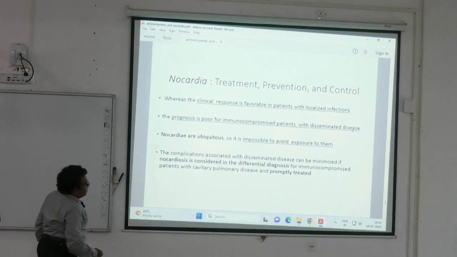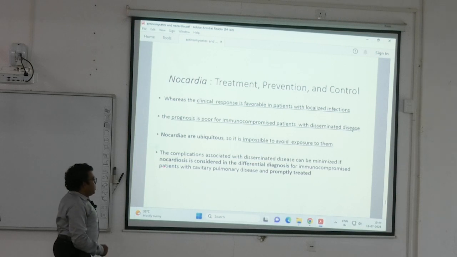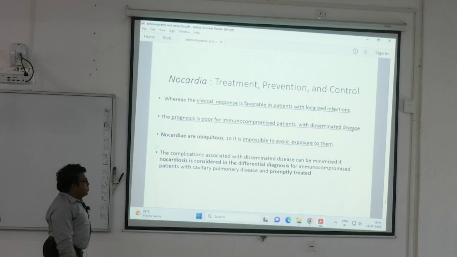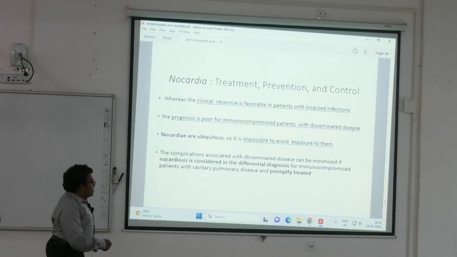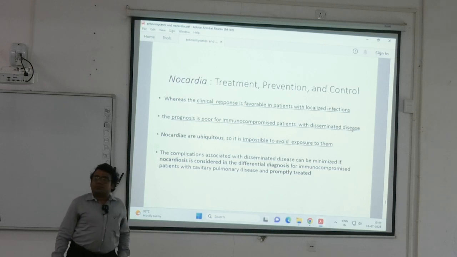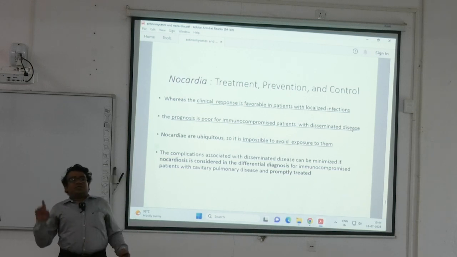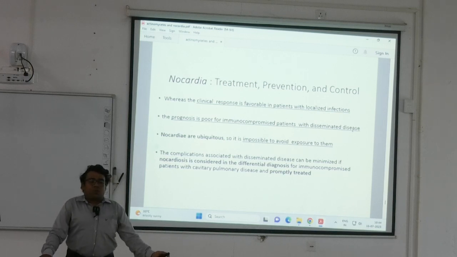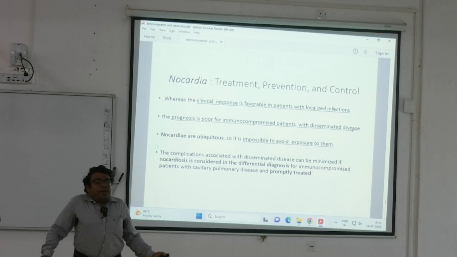The complications associated with disseminated disease can be minimized if nocardiosis is considered in the differential diagnosis in an immune compromised patient with cavitary pulmonary disease and promptly treated. Understood? So, if the patient has pulmonary disease with cavitation and is immune compromised, always keep nocardiosis in your differential diagnosis, and prompt treatment generally leads to a better outcome.